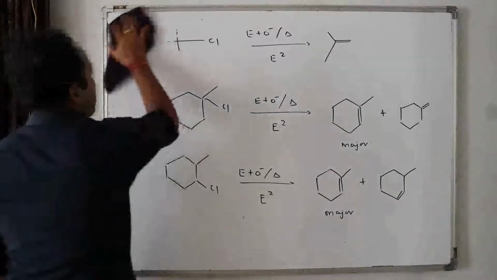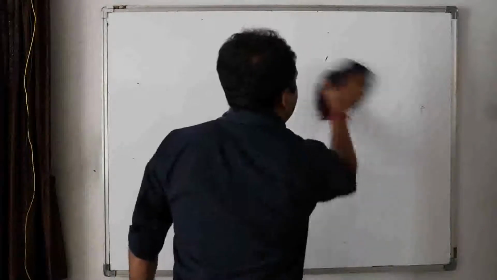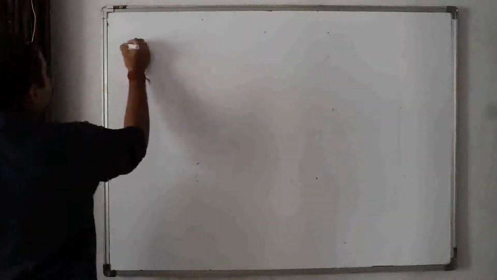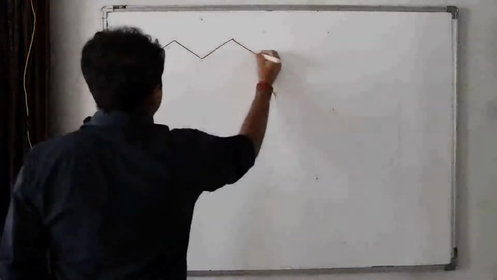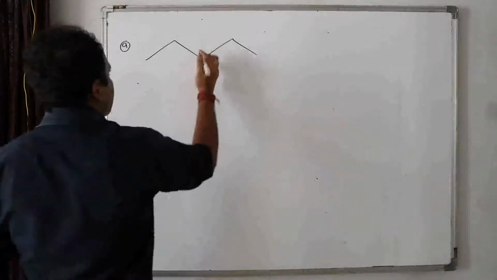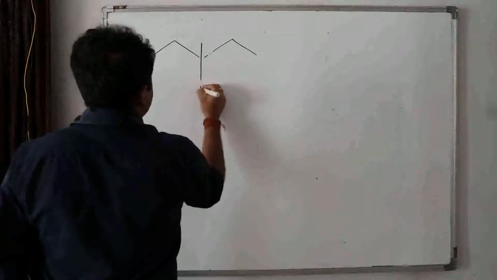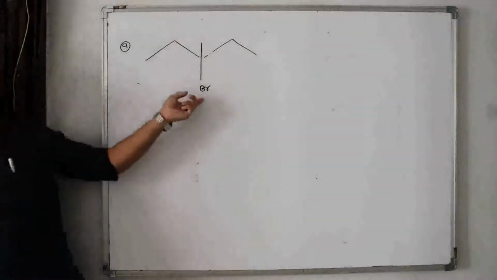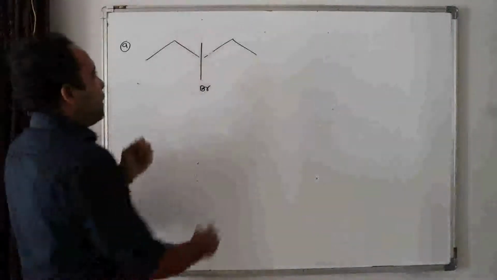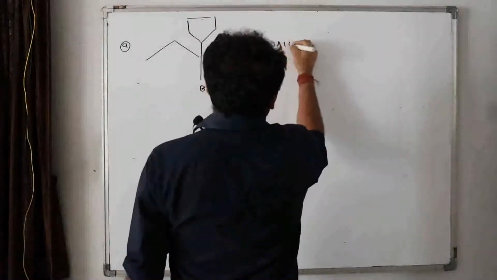Next. Question number 9. Look here. Here I have put a bromine, and to this bromine I have added alcoholic KOH.